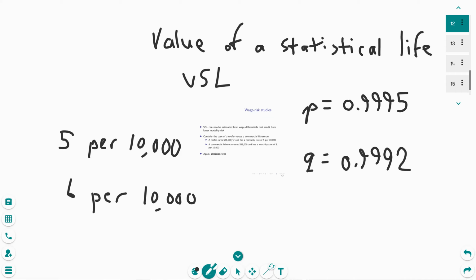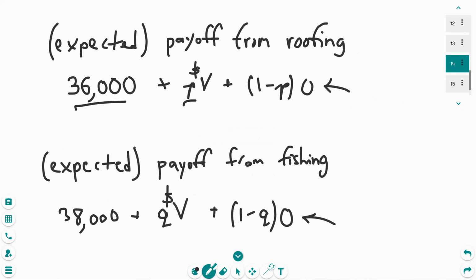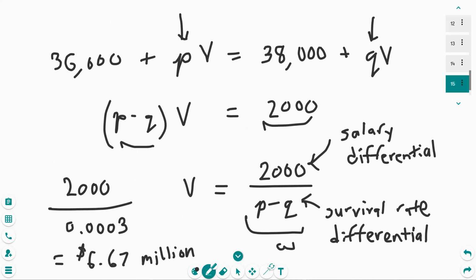Right, so that would make the probability of dying in the roofing occupation 0.0006. That would make the probability of living 0.9994. And so if we take that to our calculation over here, we have 0.9994 minus 0.9992.